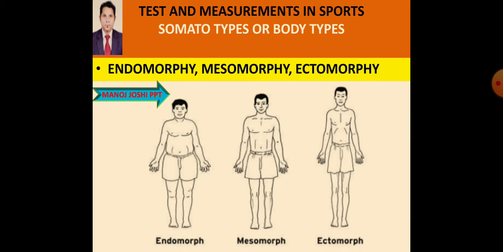In case of mesomorph, they are balanced, they have good body structure and average height. Ectomorph people are thin and taller, and very little body fat can be seen. A detailed description of the characteristics of these three body types we will discuss in the next slide.